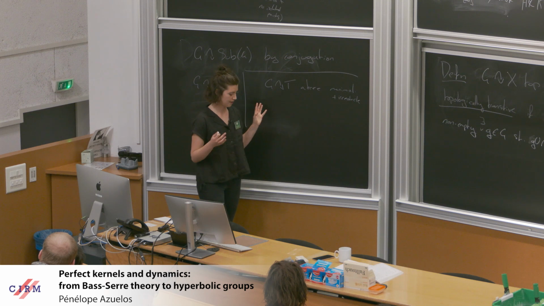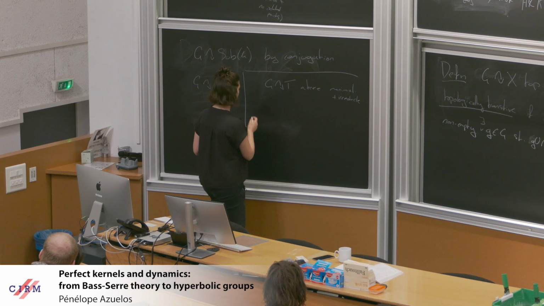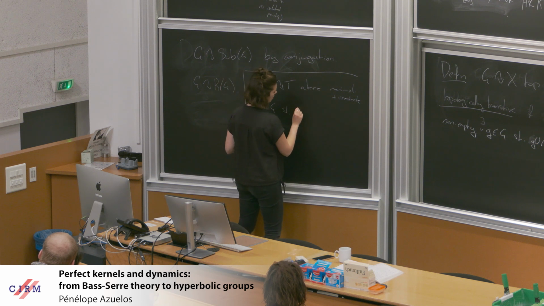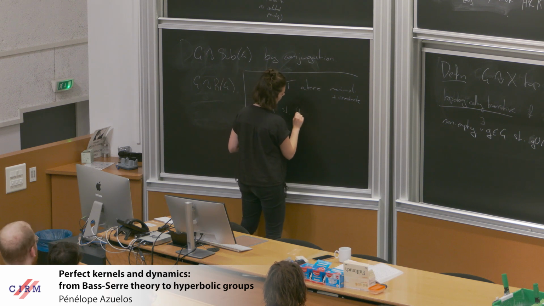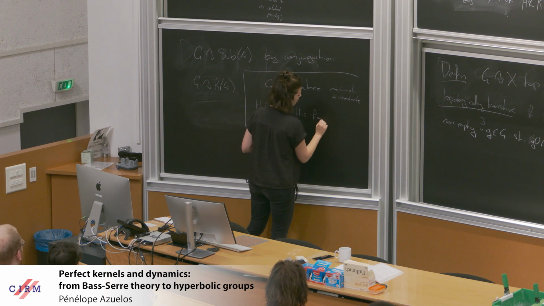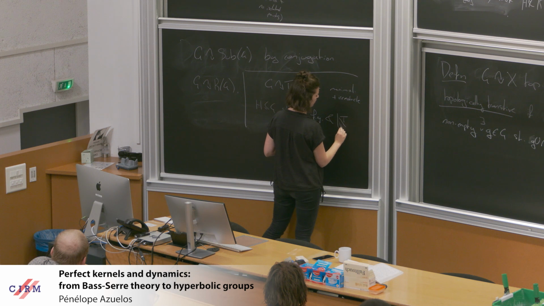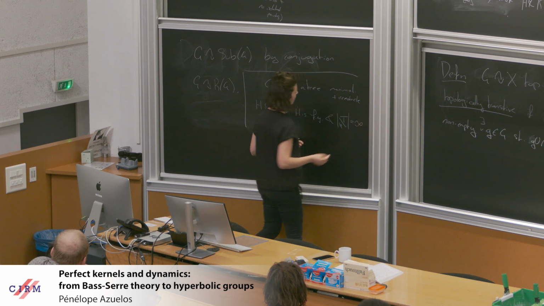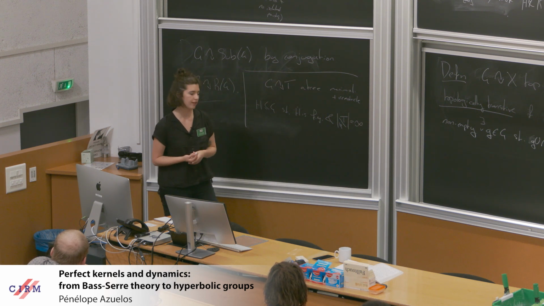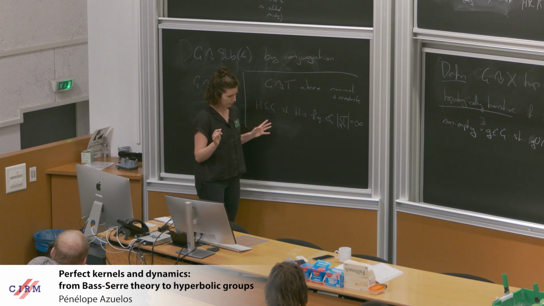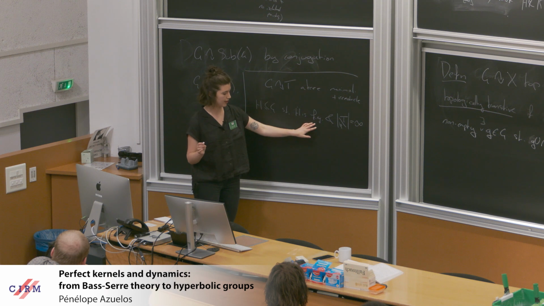And as soon as I verify these conditions, if I give you H in G such that, firstly, H is finitely generated, and the quotient of H under T is infinite, well, using a little bit of Bass-Serre theory, you can quickly see that the quotient can only have finitely many cycles because H is finitely generated.